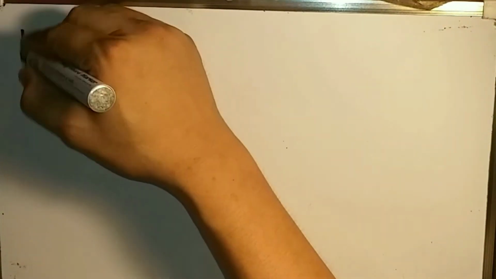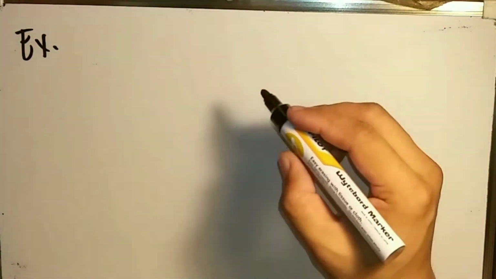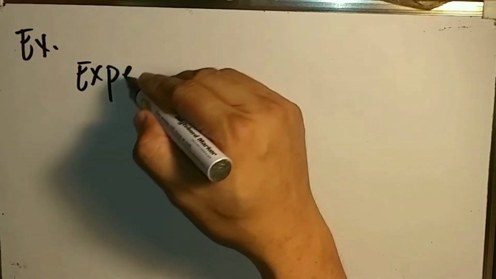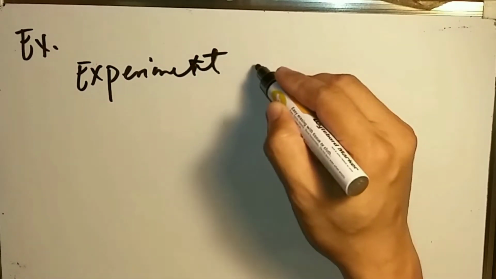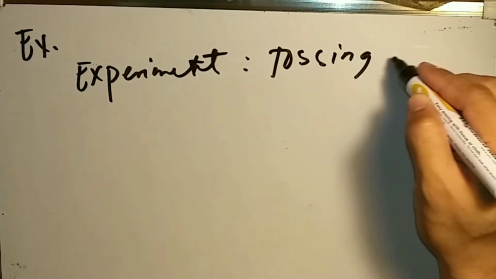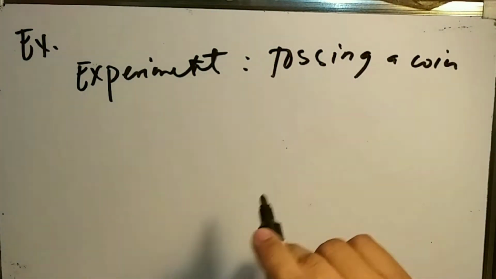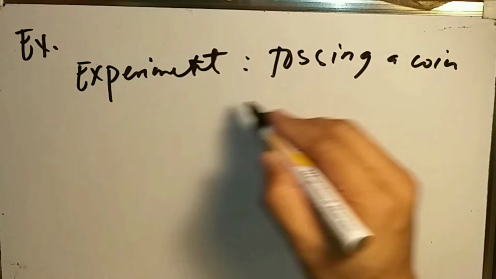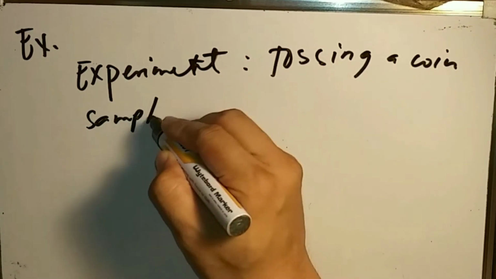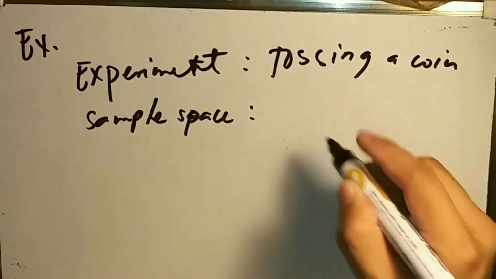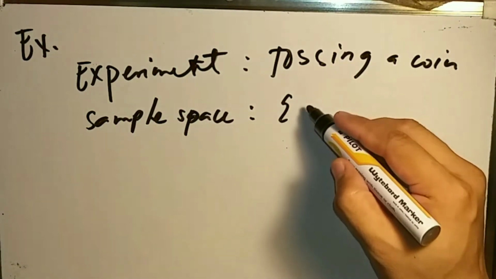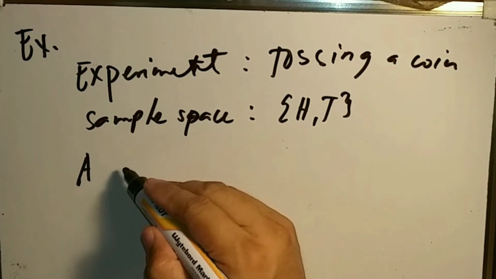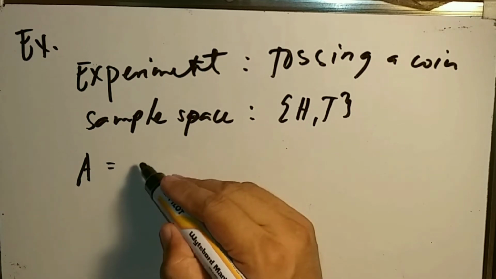So for example, in our previous example, we tackled the experiment tossing of a coin. So we know that the sample space here would be the set that contains the elements H and T, and we let A be the event heads up.